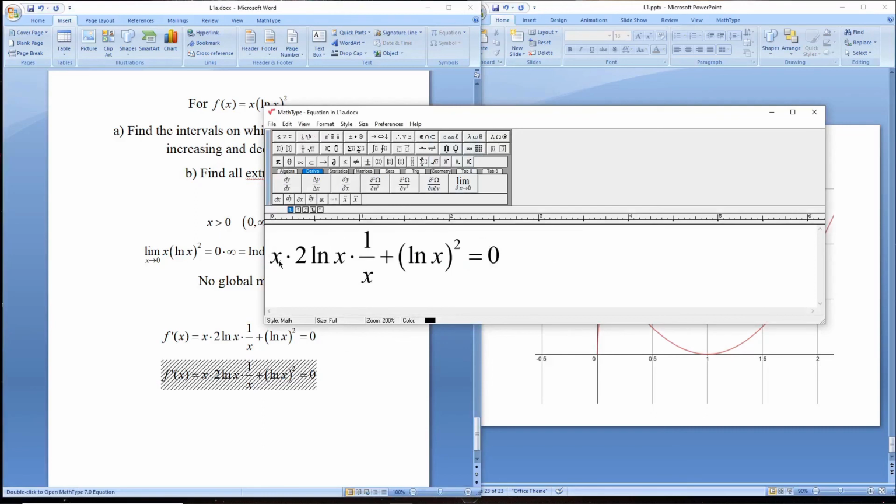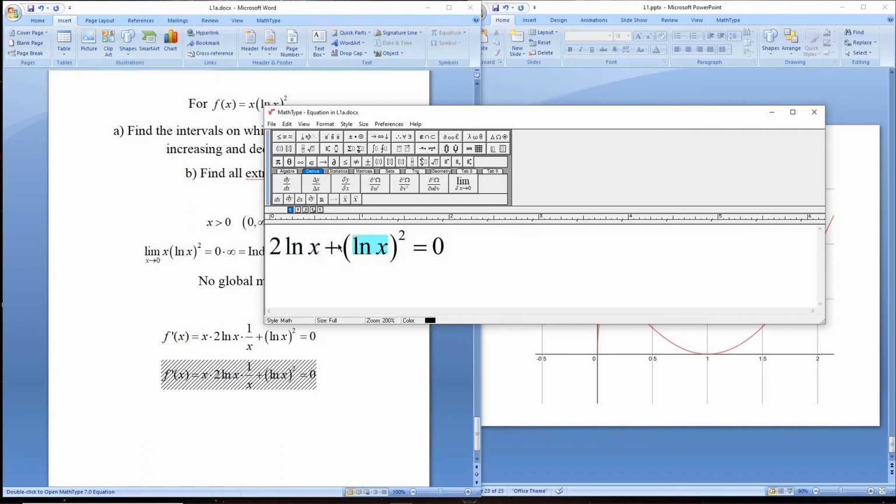So let's clean this up a little bit. This x here will divide out with this x here. So we can get rid of that. And this is one reason why I'm picking this problem, because of right here. And this is another common mistake that can happen. You may be very tempted right here because this has a log x and this has a log x.